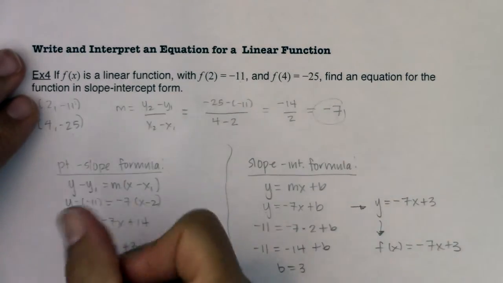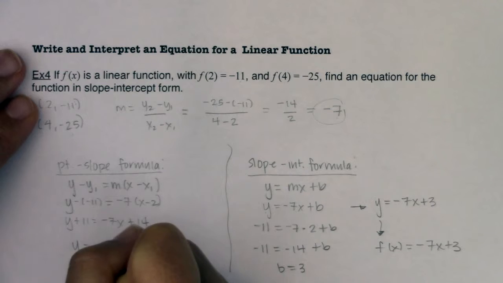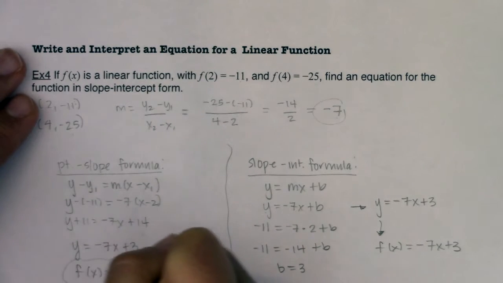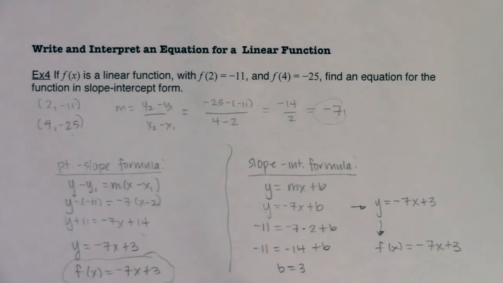So this would be f of x equals negative 7x plus 3. Either way, I'm getting the same result: my function has a slope of negative 7 and a y-intercept at 0, positive 3.